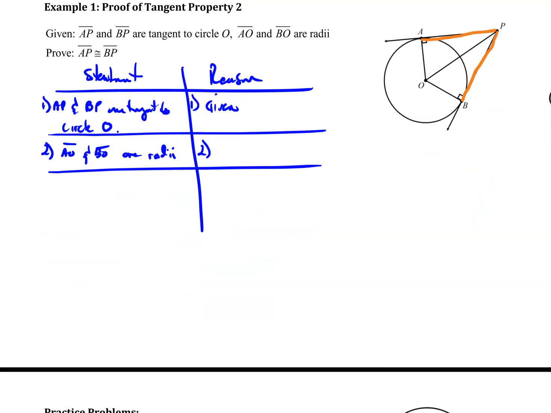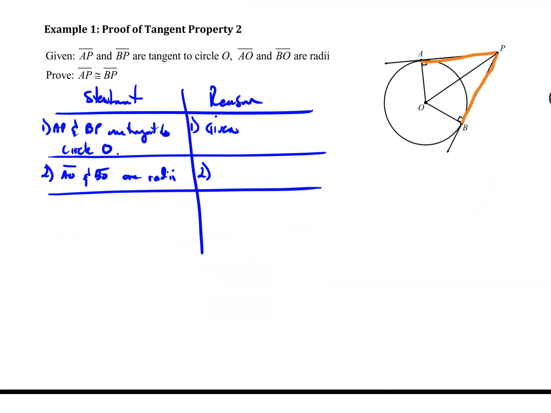First, I would start with the second one. If I know that AO and BO are both radii, then they must be congruent to each other.